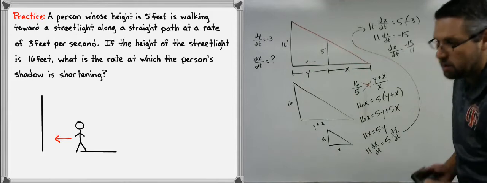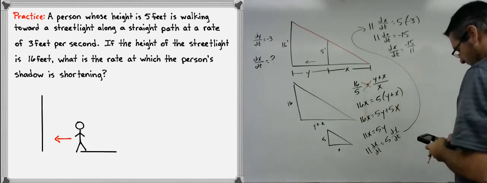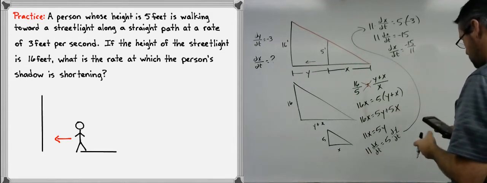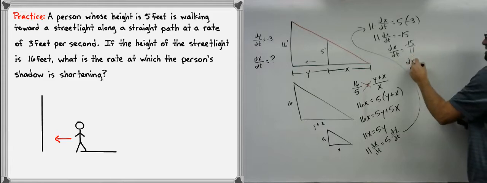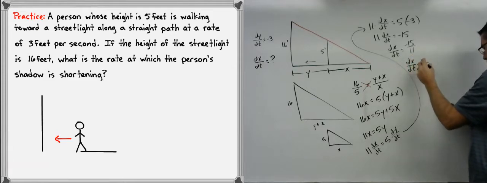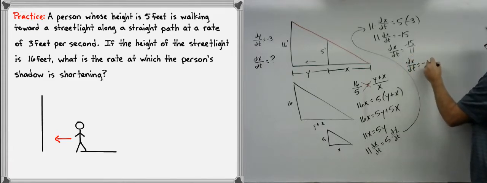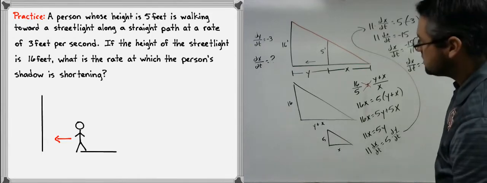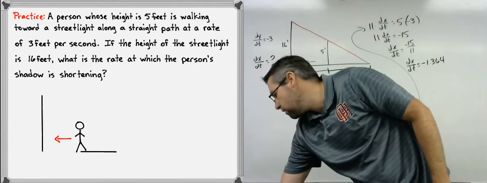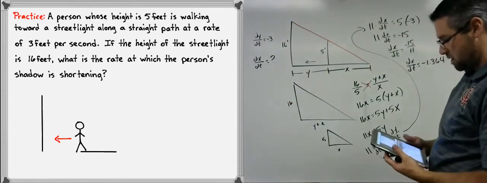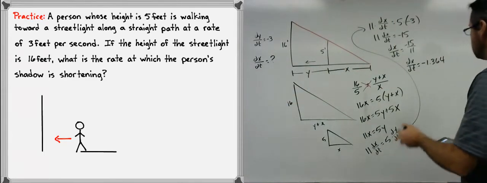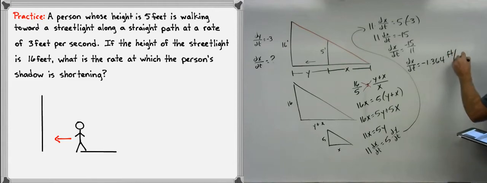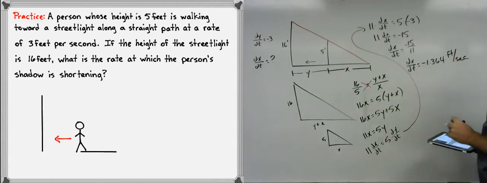Type that in my calculator just so I have a number that makes sense. We end up with dx/dt equals -1.364. The units on this, because we're talking about feet here and we're talking about seconds, this is going to be feet per second. And so that's our final answer.